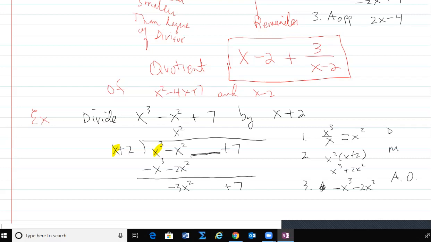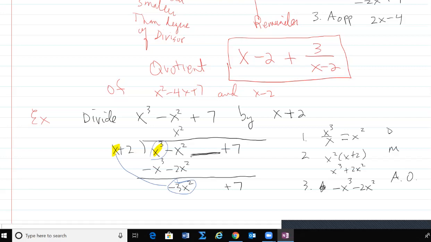Okay, so now we've got another division to do. This time we're going to go into this thing. Okay, x into that. Notice how we ignore the 7. We don't care about that. Just like in the first step, we ignore these other terms. We only were concerned about this in our first step. Here, we're only concerned about this one, the highest degree term.